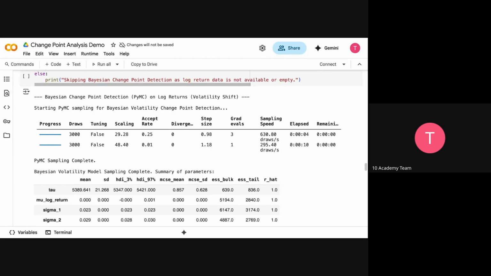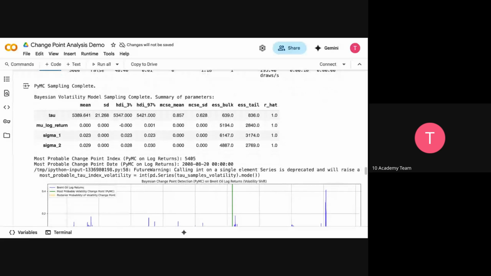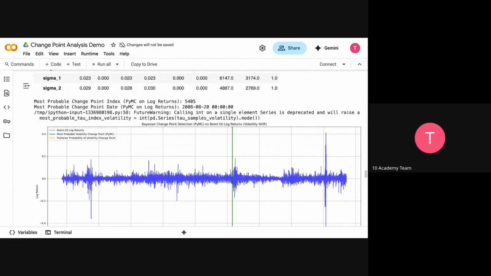So here I think the graph actually is better. Here you can see the probability of the most probable change point index. This is what we mean by switch point. Nuri, earlier you were asking about one change point: it's just the switch point, the most probable change point index.